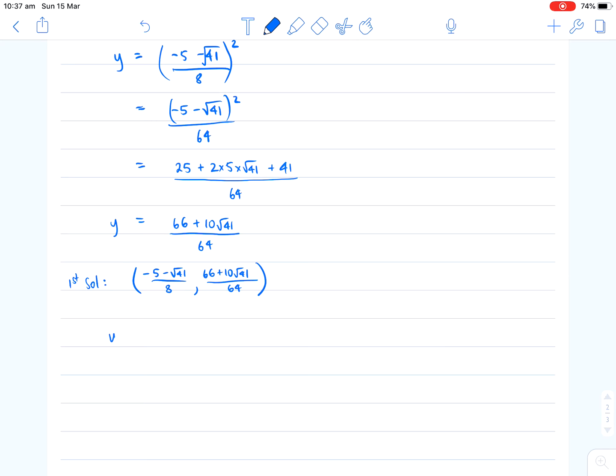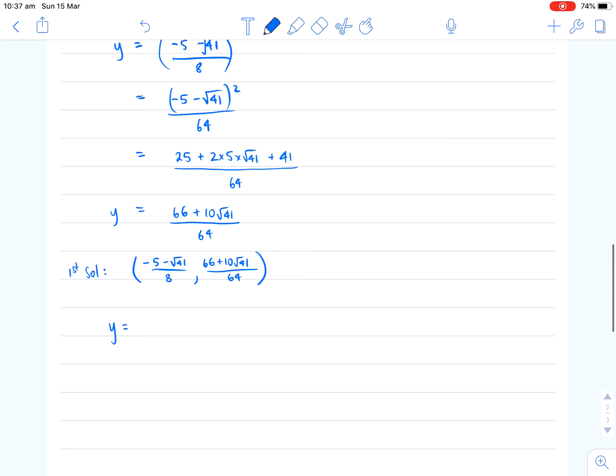For my second solution, I need to do y = ((-5 + root 41)/8) all squared, which gives me (-5 + root 41) squared over 64. Then I can do the binomial expansion on the top line.